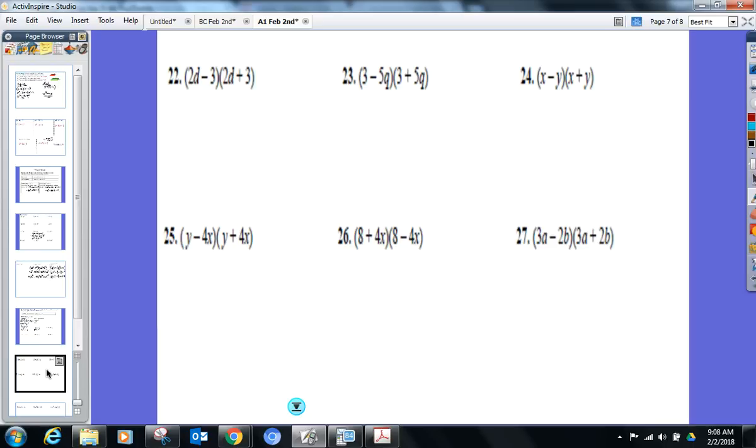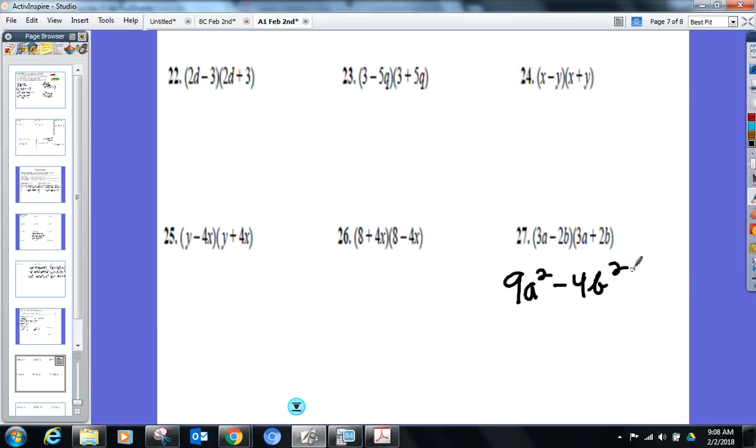Let's go down to 27. Do you see it's got the same exact binomials but opposite signs? Multiply the first two. 3a times 3a is 9a squared. I'm not even going to be bothered doing the two middle ones because I know they're going to cancel each other out because they're opposite signs. Negative 2b and 2b. Done.